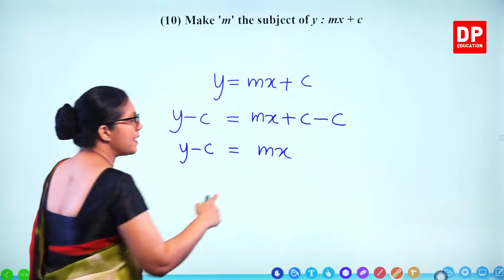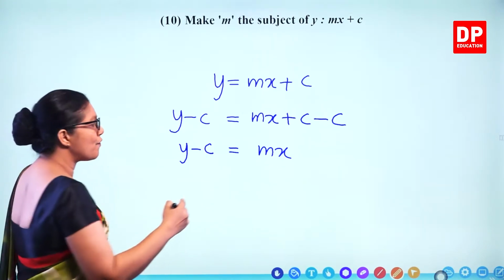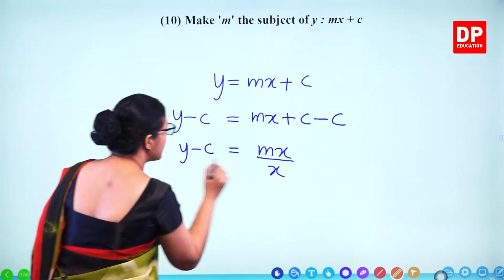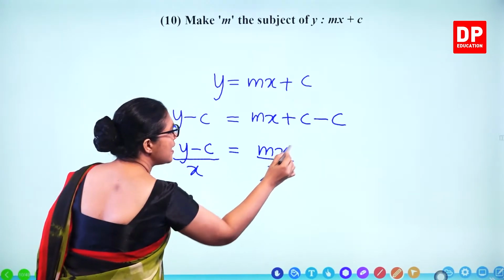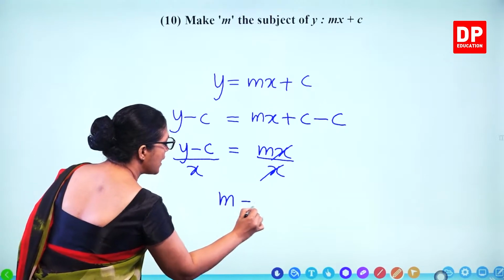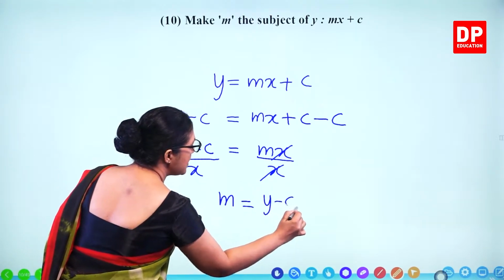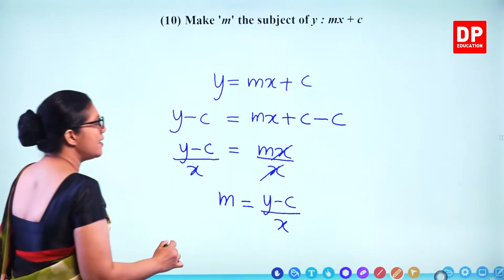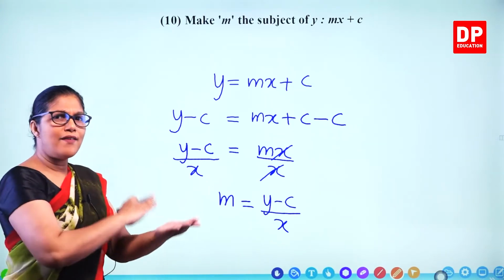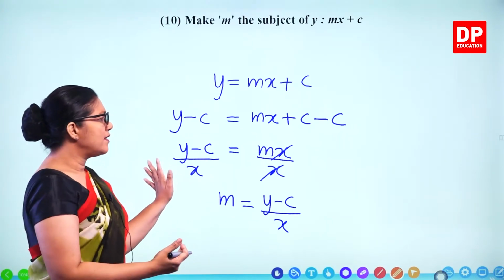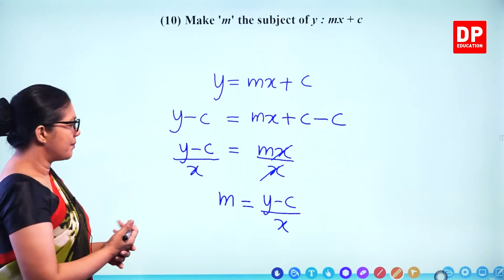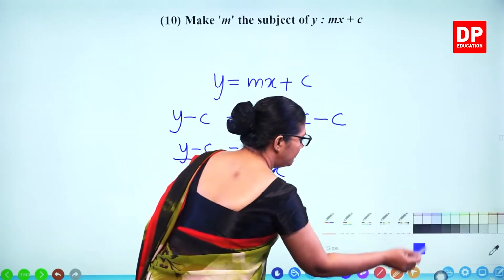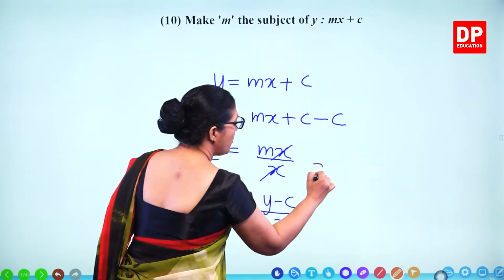Now this is multiplication with x. So how you get rid of this x? You divide by x. Inverse of multiplication is division. So x gets cancelled out. So m becomes y minus c over x. Here in an equation you can write either this side or this side. So I took this one to this side. Same thing. 2 marks.